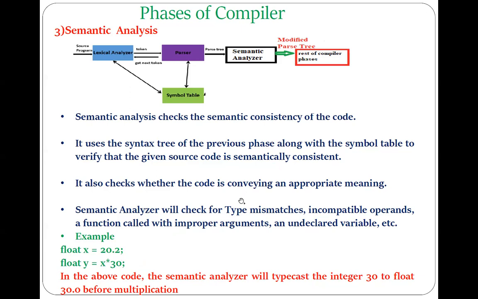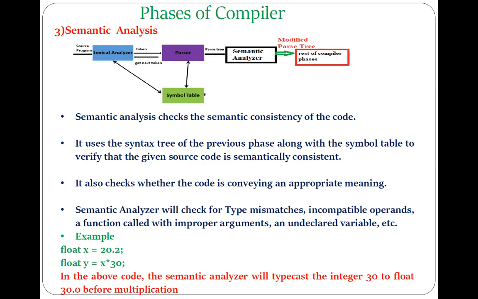If you write a sentence like this in the program and try to print the value of y, you will get the value of y printed correctly. It will be like 600.2. So in that case, 30 is automatically converted into 30.0.